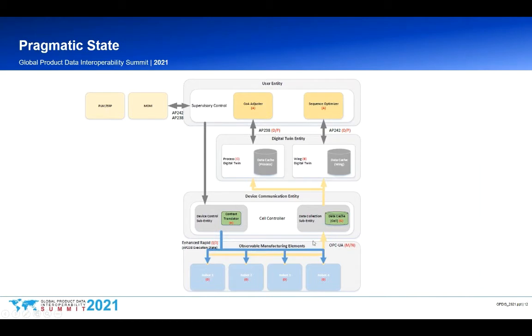And then the other end of this is, okay, we got the information in, the robots are doing the work. Now, how do we get the information out so we can close that digital twin loop?